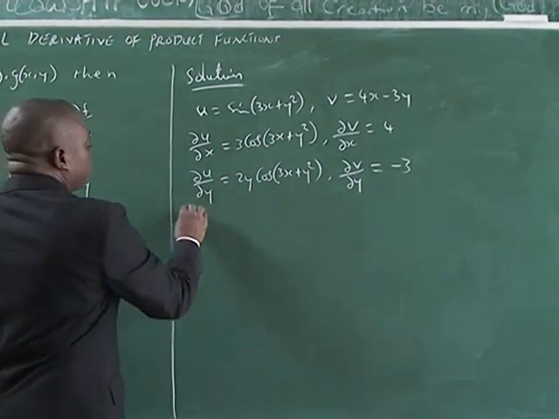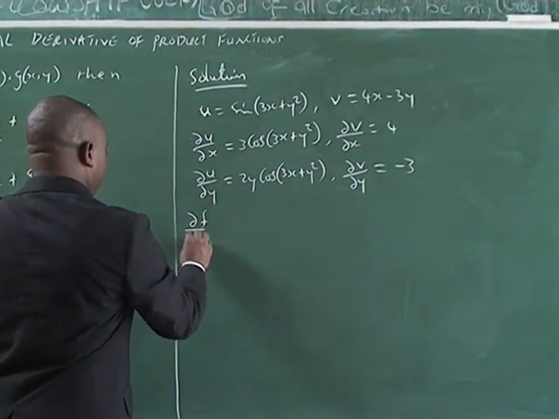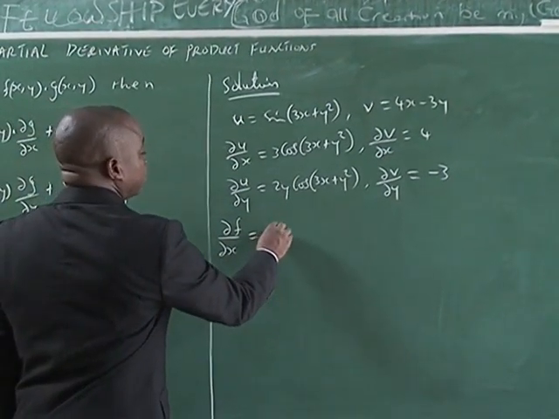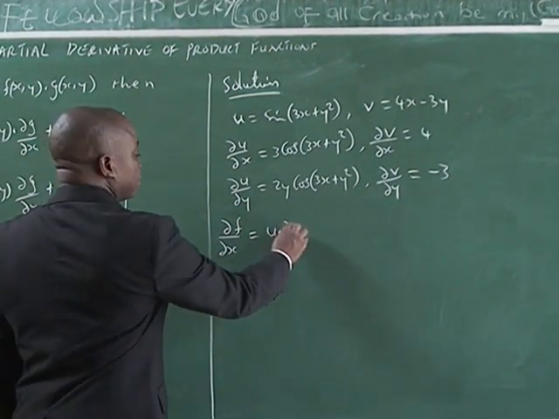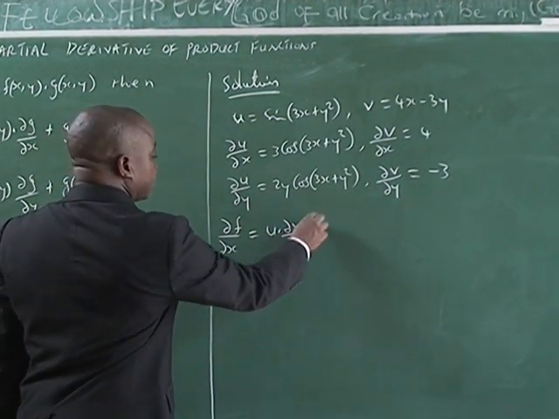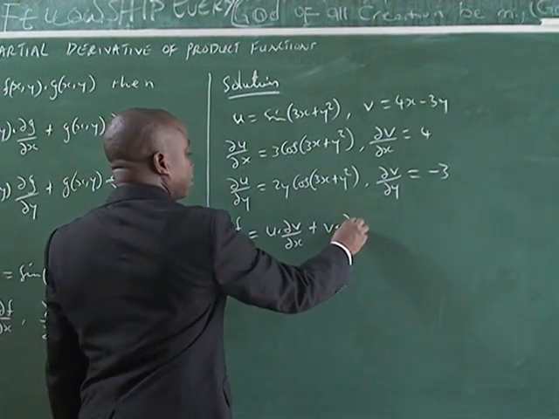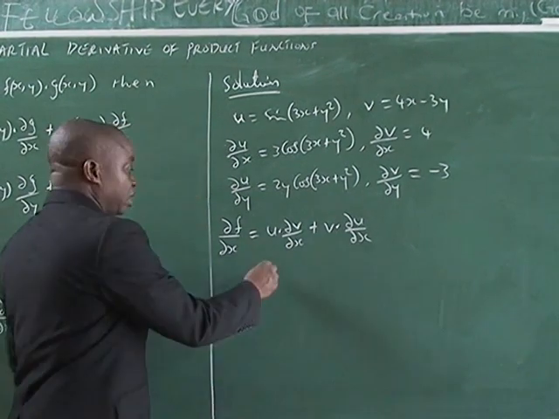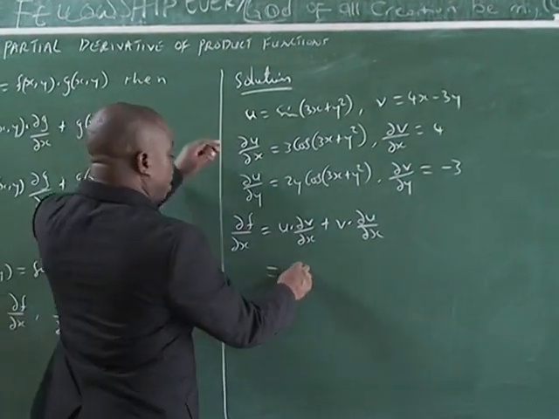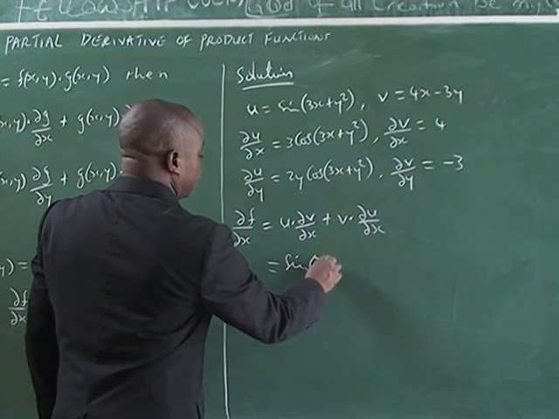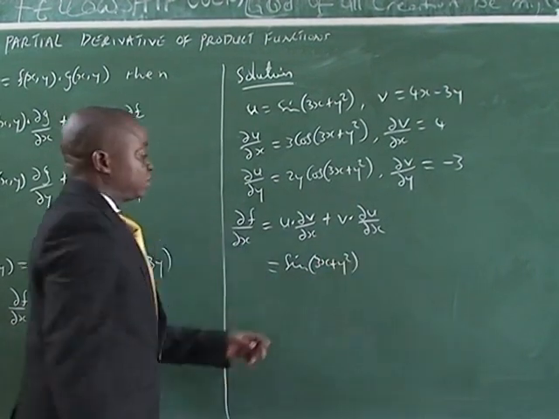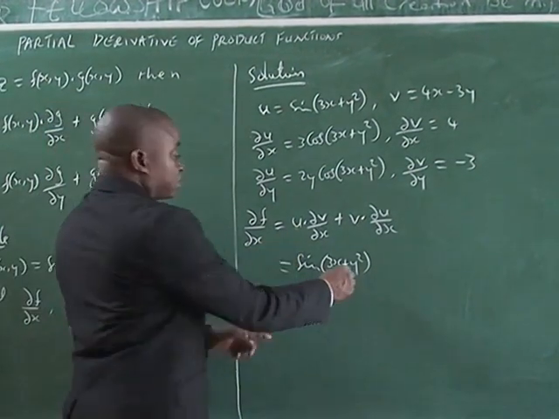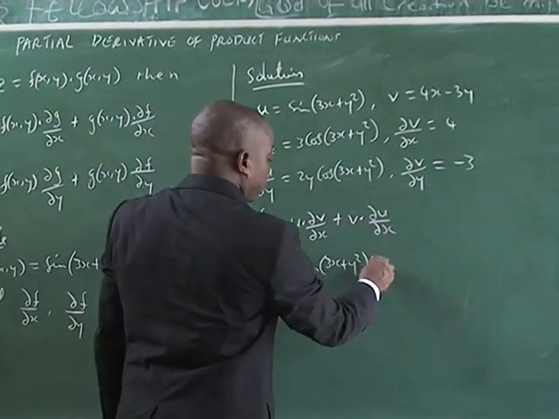So partial f partial x, which is the same as writing u times partial v partial x plus v times partial u partial x, will be equal u, which here is sine 3x plus y squared, times partial v partial x, which is 4.